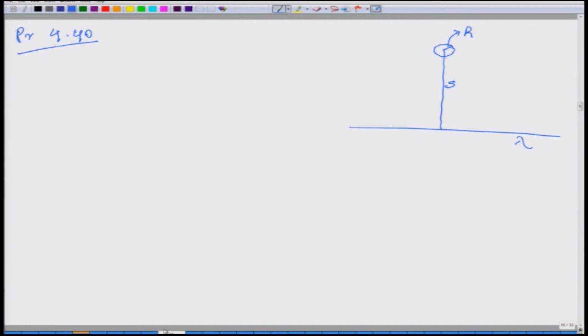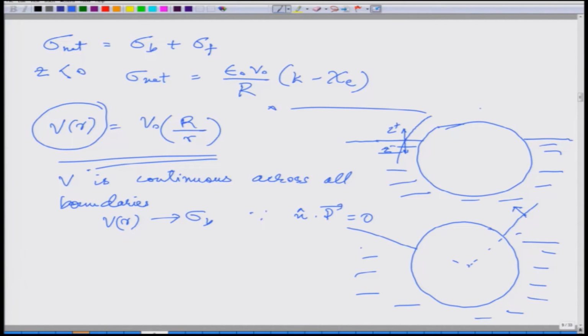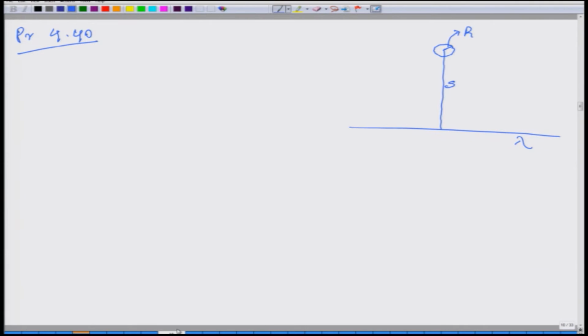See, the field that would be produced by the wire will be in this direction. Since I consider the sphere to be very tiny, I can consider the field due to this wire to be uniform.